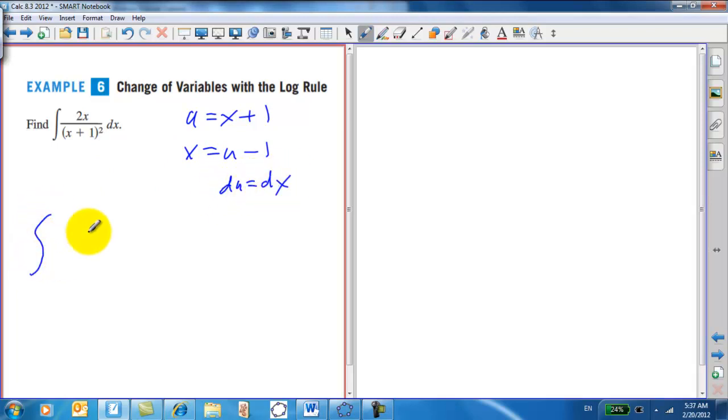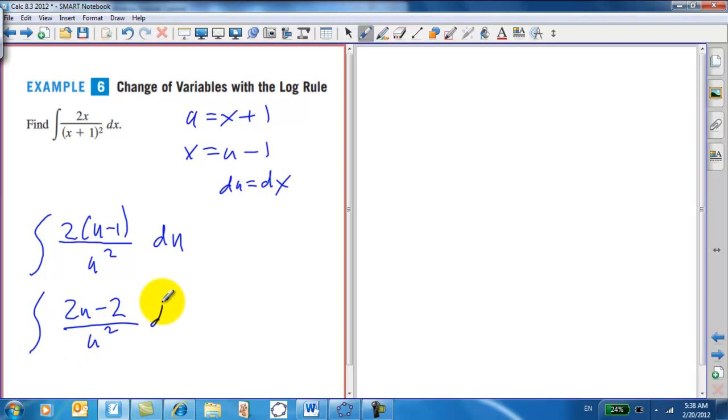So we can change this to the antiderivative of 2, and x is u minus 1, dx we see as the same thing as du, and x plus 1 squared is u squared. So the antiderivative of 2u minus 2 over u squared du.